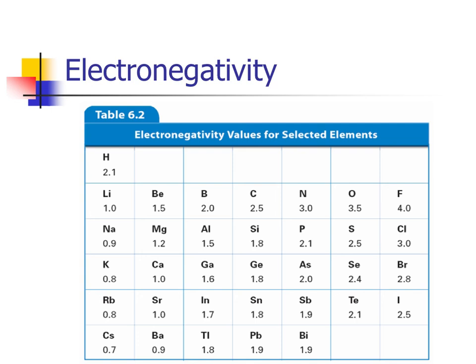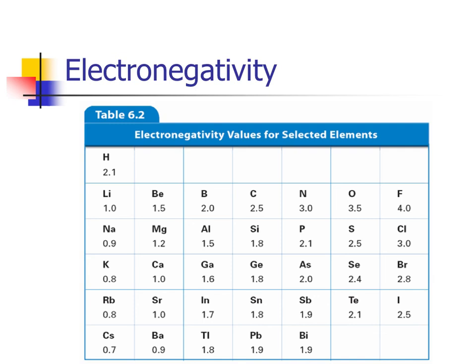Here's a chart of electronegativity values. Again, tabulated. Don't need to write this all down because that would be a lot of information. When we look at this, we can see that fluorine has the highest electronegativity value of 4. As we go down, the atomic radius gets bigger, the electronegativity value goes down.